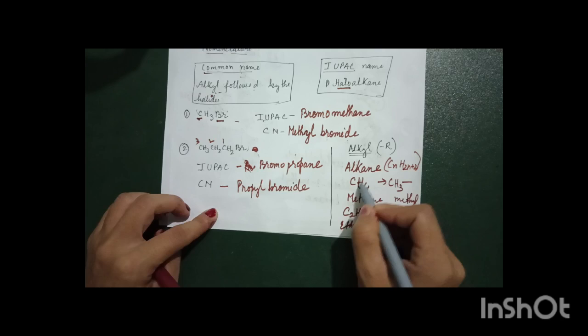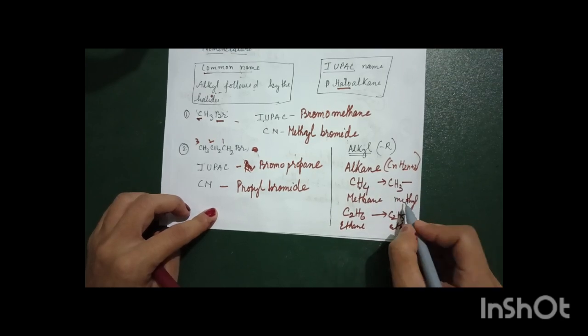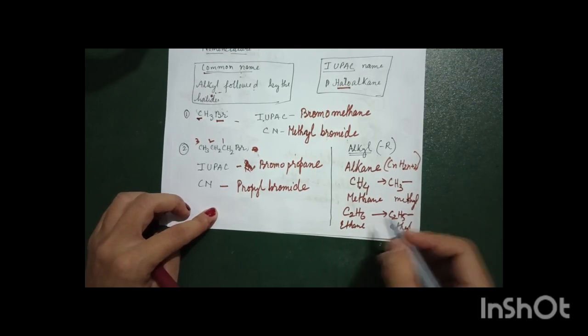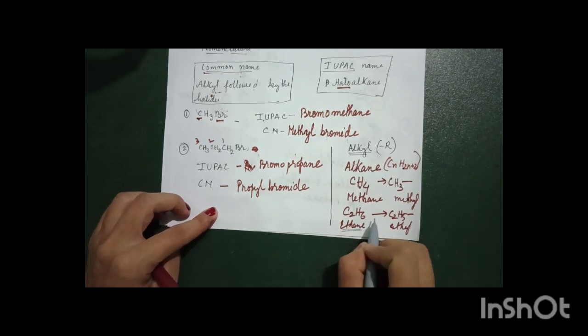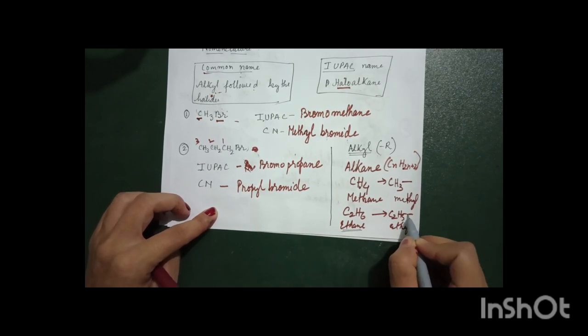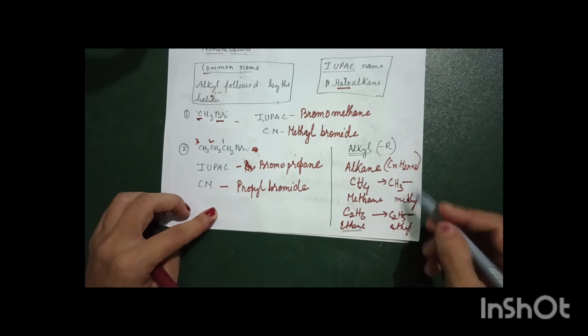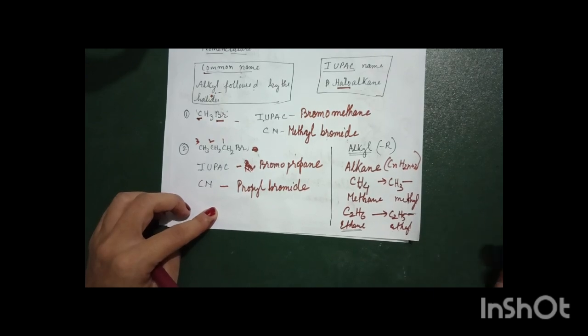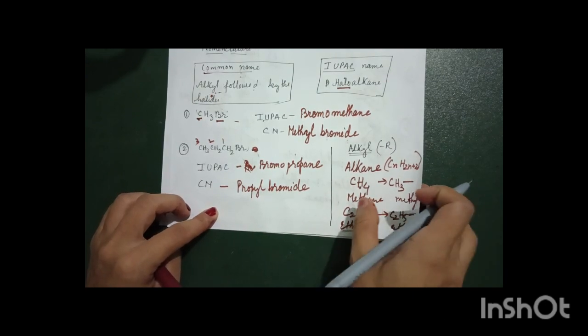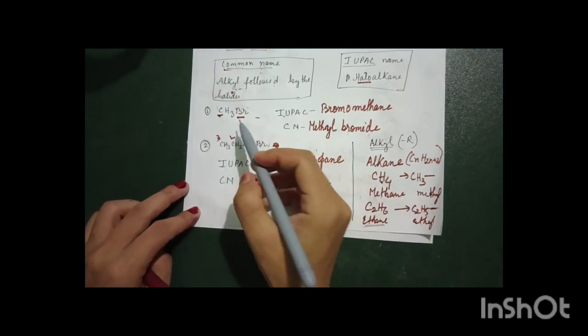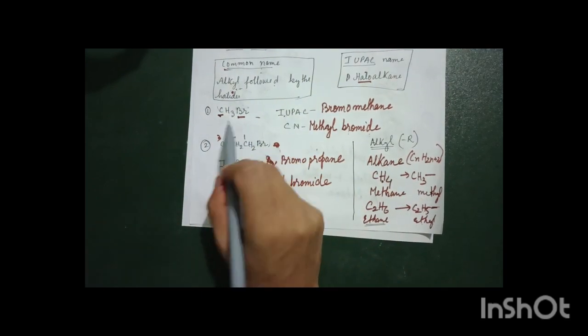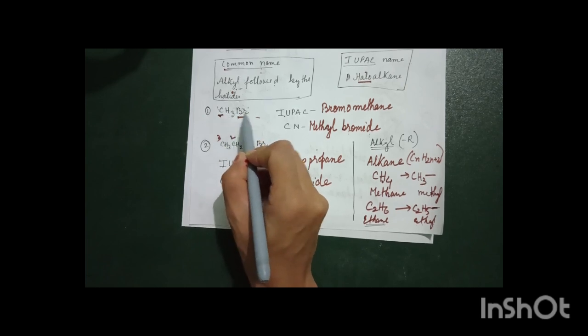Remove one hydrogen from here, so it changes into methyl. This is your ethane. Remove one hydrogen from ethane, so it becomes C2H5, which is ethyl. So methyl, ethyl, propyl are all alkyl groups.